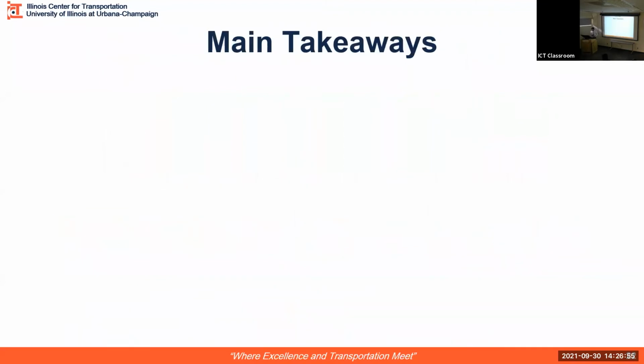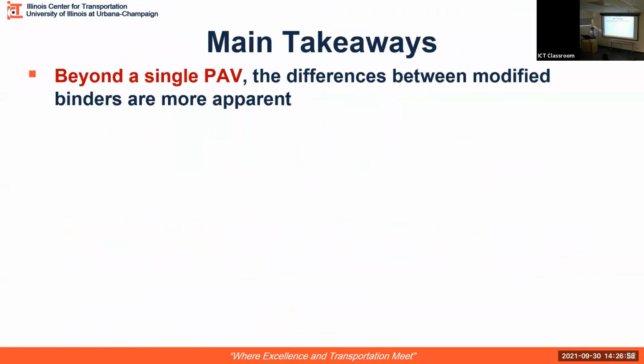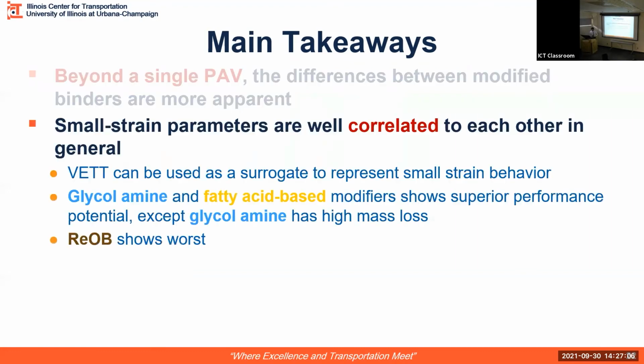So the main takeaways from the rheological part were that beyond a single PAV, the differences of the modified binders were more apparent, followed by the two PAV results. Small strain parameters were correlated to each other and so can be used as surrogates. One unique parameter like crossover temperature can be used as a surrogate to represent the small strain behavior.